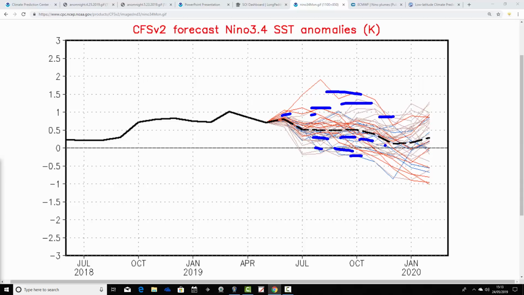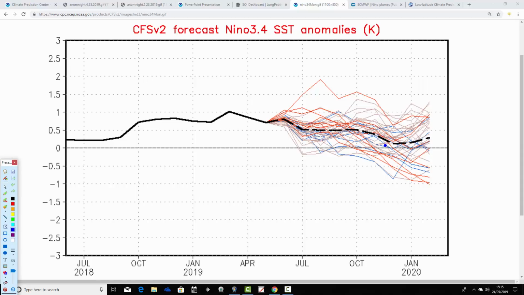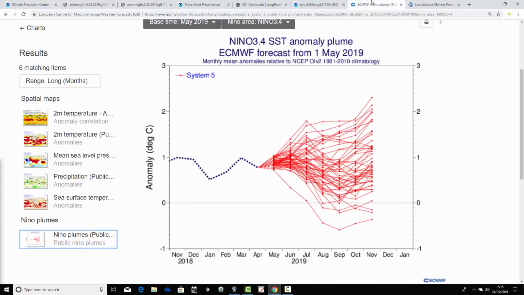It's not yet anywhere near La Nina, although one or two of those ensemble members do go into a La Nina, but it does appear that the more recent members of the ensemble plume are on the cooler side compared to the earlier members.